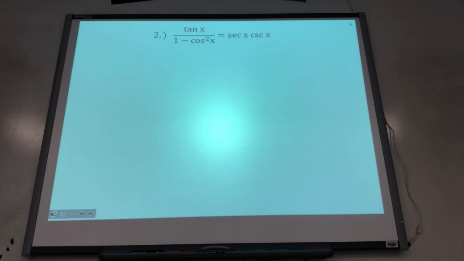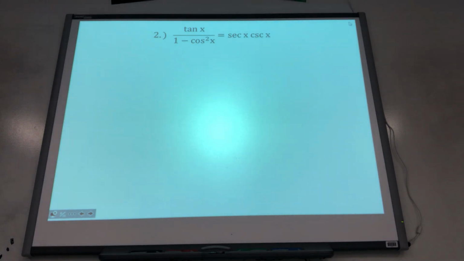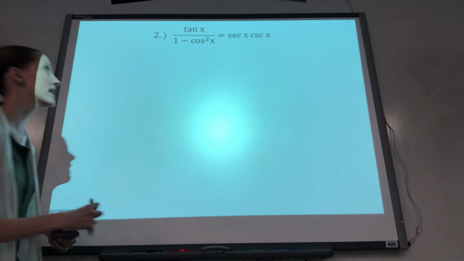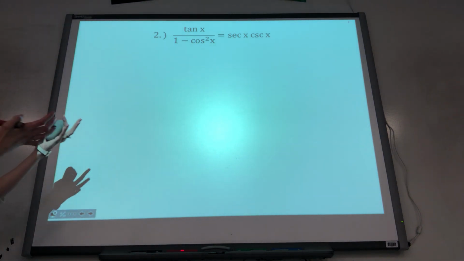Okay, here's the one that we'll do. Example 2, tangent of x divided by 1 minus cosine squared of x, and it equals secant of x cosecant of x. Now remember what we did here.